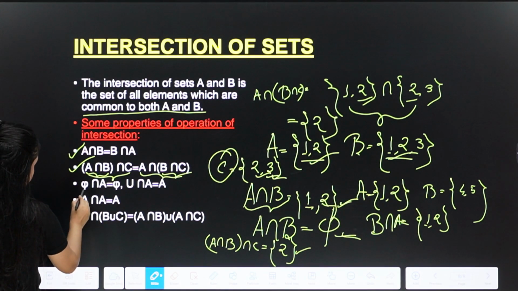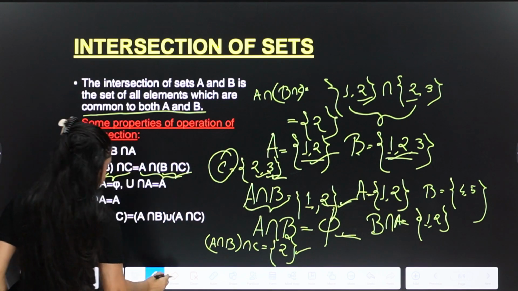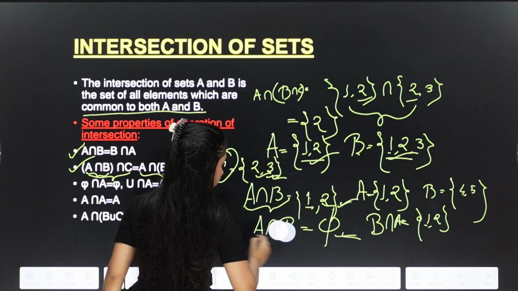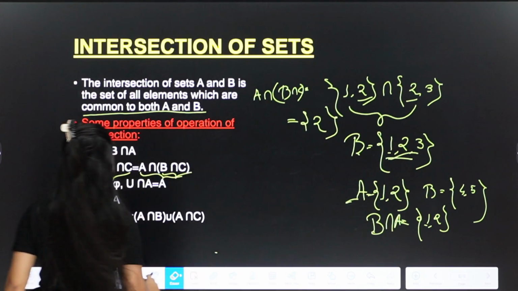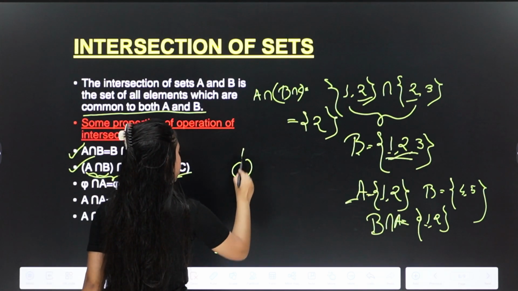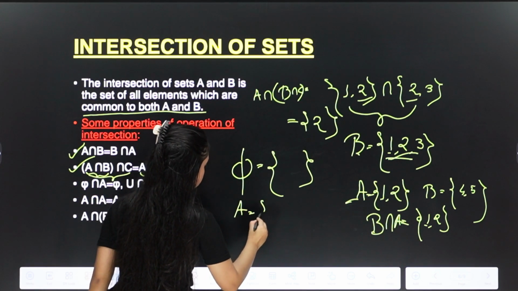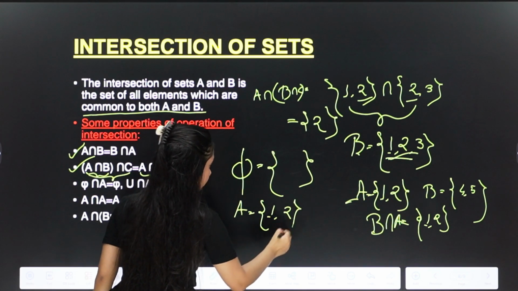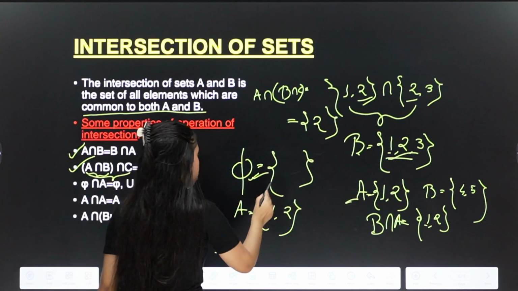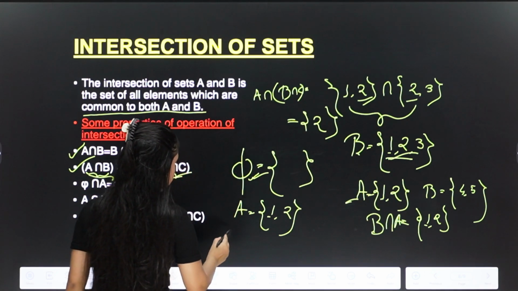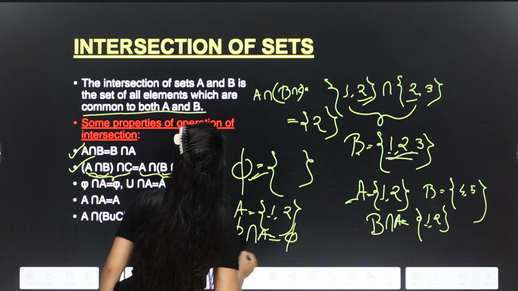Again, if we take phi intersection A, we will get, that is phi is, again A is 1, 2. Since there is no element present in the set phi, there will be no common element between phi and A. Then phi intersection A will be phi, that is empty set.